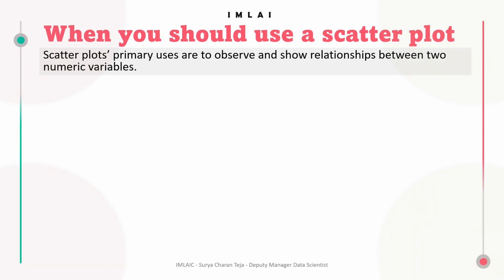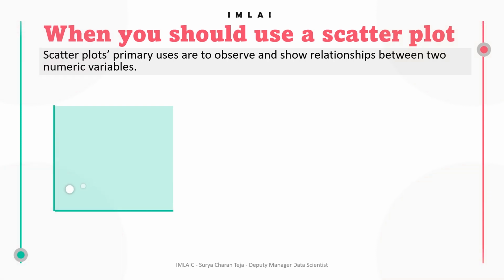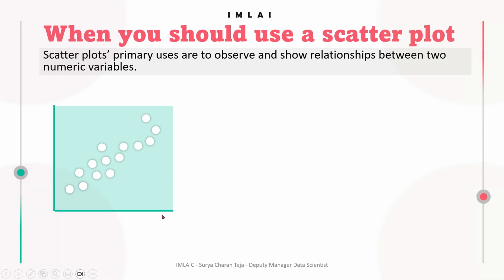You will often see that the variable on the horizontal axis denotes the independent variable. The variable on the horizontal axis is always the independent variable, and the variable on the vertical axis is the dependent variable.